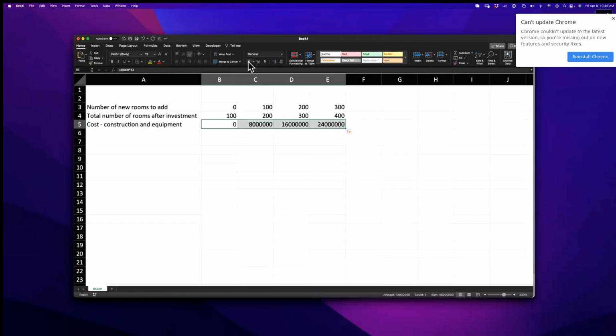And that's going to be a monetary amount. So here we are. If we add 100 rooms, it's going to cost 8 million. 200 rooms will cost 16 million, then 24 million.